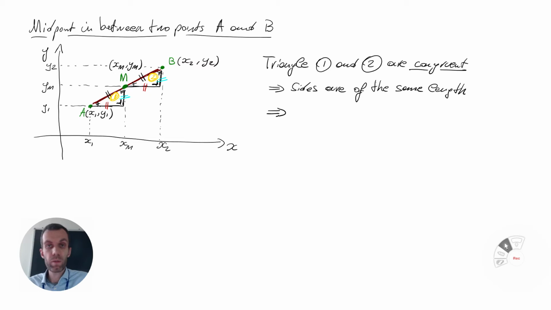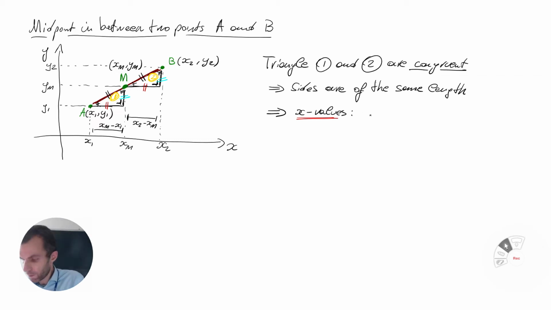So let's put some math on that. Let's have a look at what happens to the x values. That's what I indicated in red here. We have that this length right here, which is xm minus x1, has to be equal to this length right here, which is x2 minus xm.